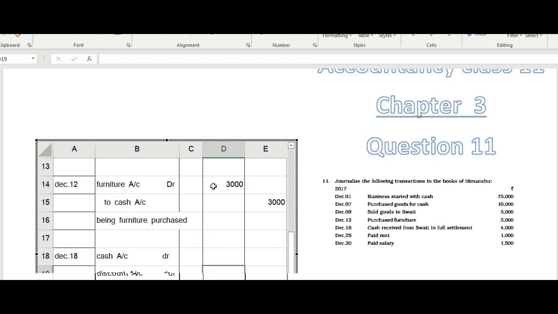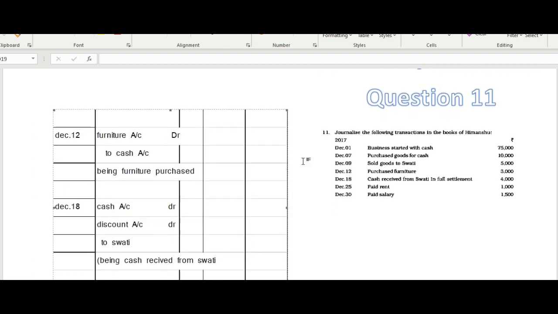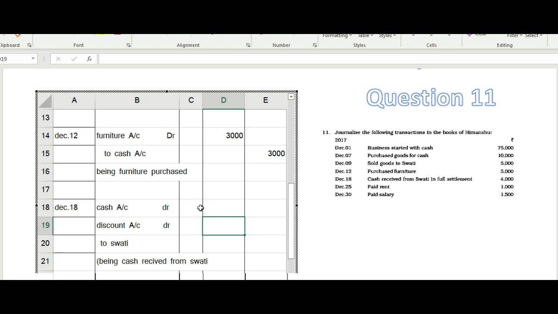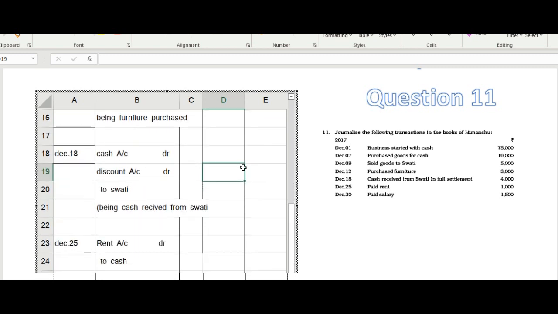Next transaction is December 18. Cash received from Swati in full settlement. Cash is the asset, and increase in asset goes to debit side, and Swati is the debtor, and decrease in asset goes to credit side.